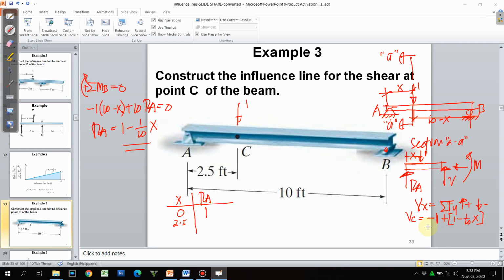So we can simplify this Vc: -1 plus 1 minus 1/10 of x, so that the 1s simply cancel.